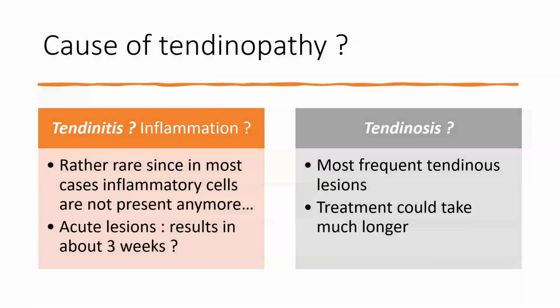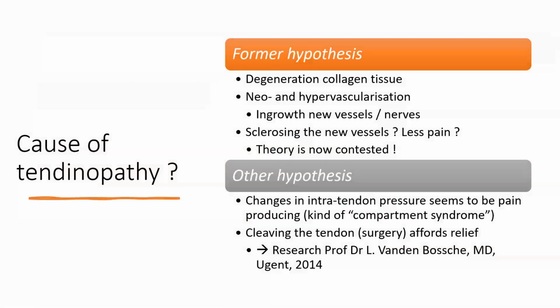Well, very often we are confronted with tendinous problems. Is it a tendinitis or is it a tendinosis? Well, the tendinitis, a real acute tendinous lesion, is not so frequent. But it's easier to treat and we need less time. The more chronic version, the tendinosis, is more difficult to treat and we take more time. And what exactly is the mechanism behind these tendinous problems?